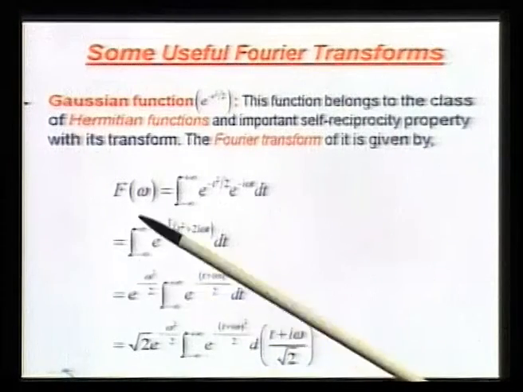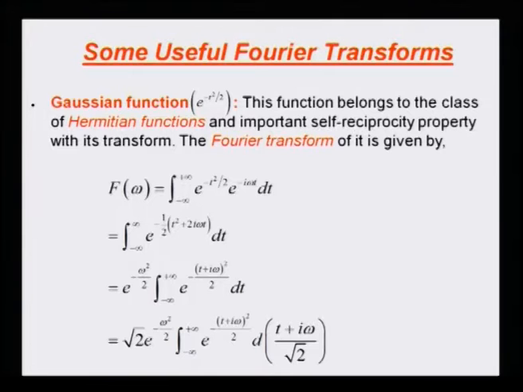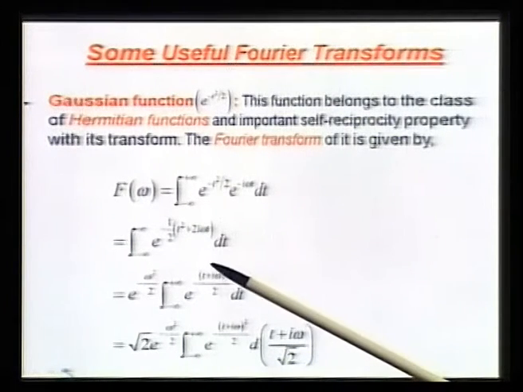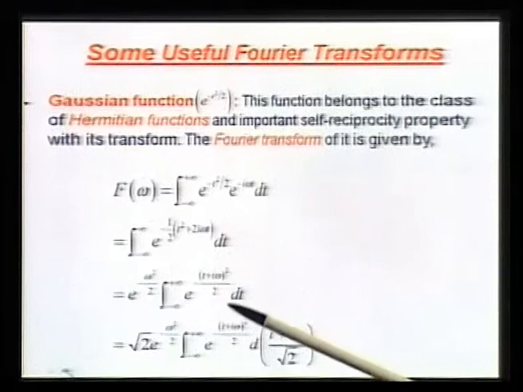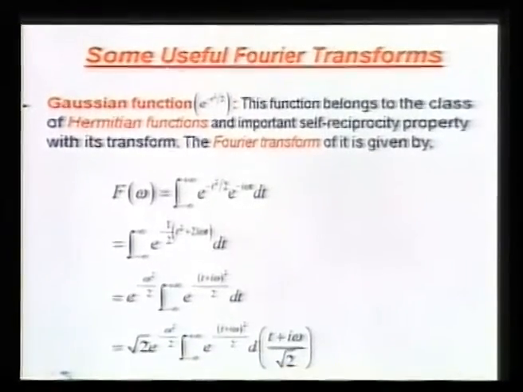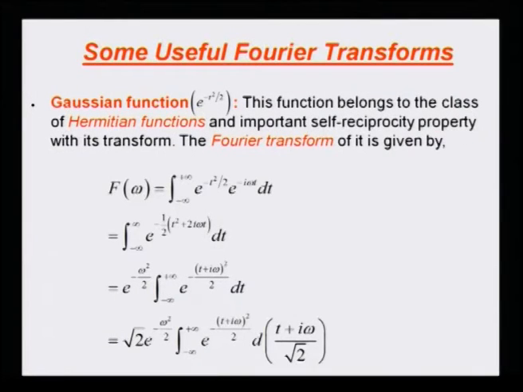So, I get this. Now, I could do a little bit of manipulation and write this with t plus i omega by root 2 as the independent variable. Since I have put in a root 2 here, I multiply it there. This is something we are quite familiar with.